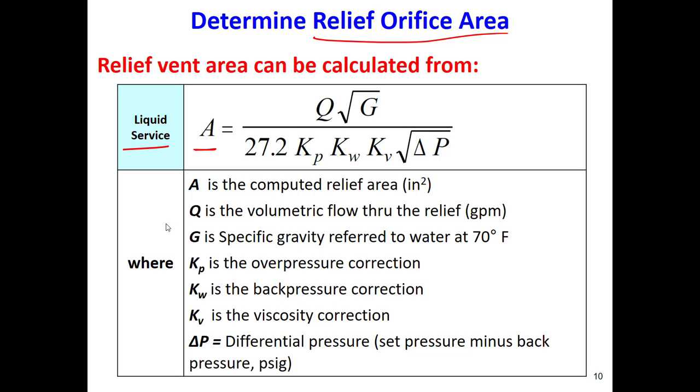A is the area, Q is the volumetric flow rate, G is the gravity, and Kp, Kw, Kv are correction factors that will be given to you and are available in handbooks and many valve manuals. And differential pressure, which is the pressure before and after, the set pressure of the valve and back pressure.